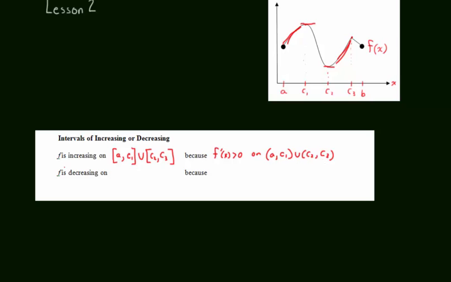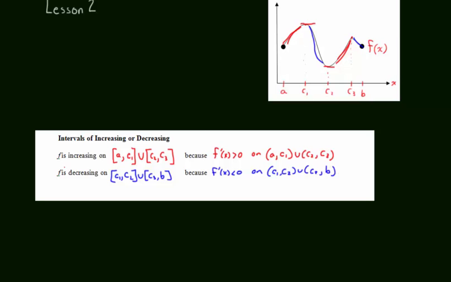And then next we're going to talk about decreasing. So we're going to say f is decreasing. See, the function is getting smaller here and also getting smaller here. f is decreasing on [C1, C2] in union with [C3, B], because f prime of x is less than 0 on the interval (C1, C2) in union with (C3, B).